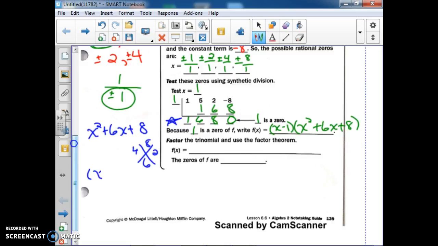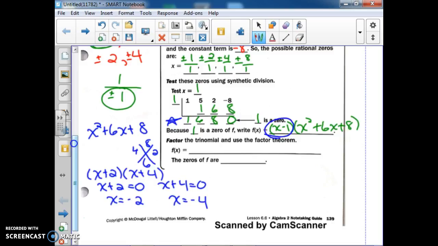So that would make our factors x plus 2 and x plus 4. And then that will make our zeros: x plus 2 equals 0, so x must be equal to negative 2. X plus 4 equals 0, so x must be equal to negative 4. And then don't forget, we also have this x minus 1, which we just found out was a factor.